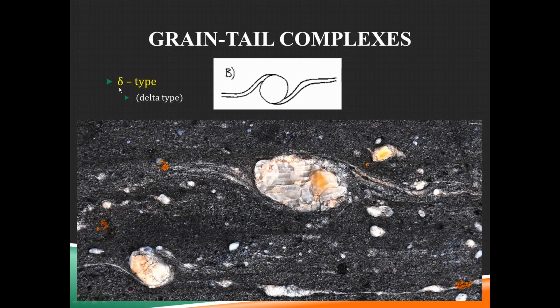So this is a delta type grain tail. And you can see in this photograph the grain tails are nowhere near as wide as the grain. They are thin tails at all points along it, although they do, of course, taper off and kind of disappear into the matrix.